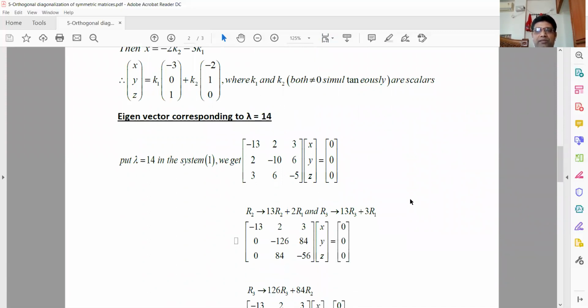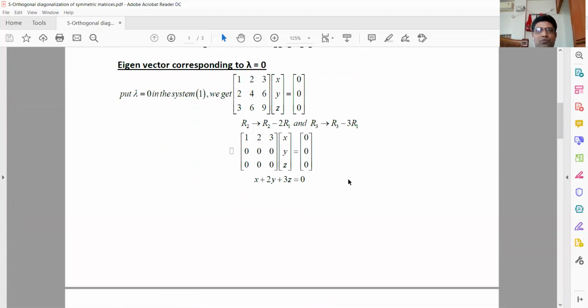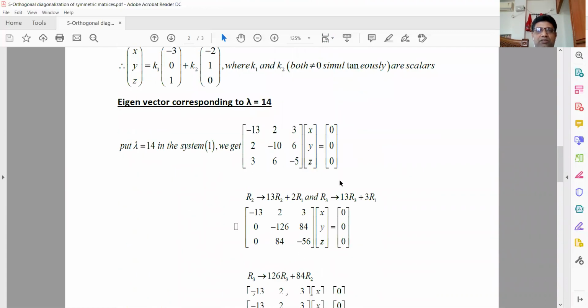Next, I am calculating the third eigenvector for the eigenvalue lambda equals to 14. So put lambda equal to 14 in the system 1. Substituting that, I got this matrix. Reduce this matrix to upper triangular matrix by using row transformations.